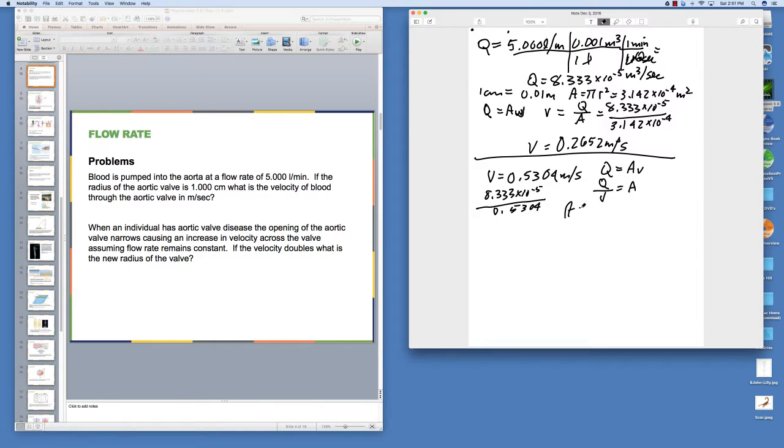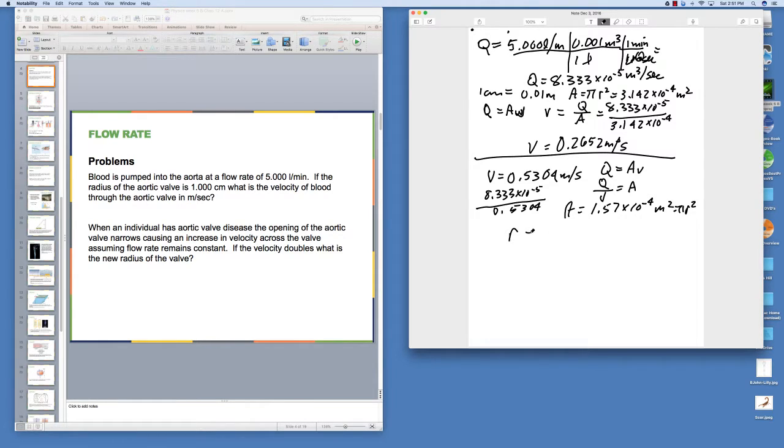So A is going to equal 1.57 times 10 to the minus 4 meters squared, which obviously is going to equal pi r squared.